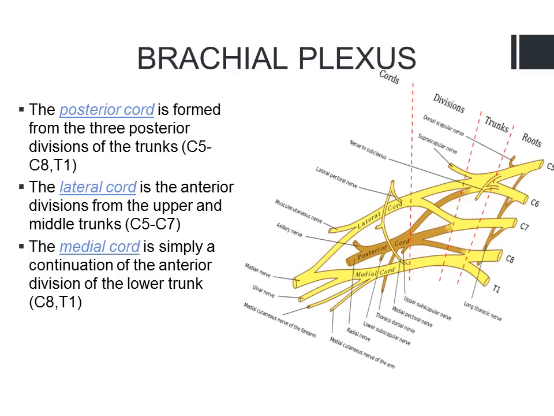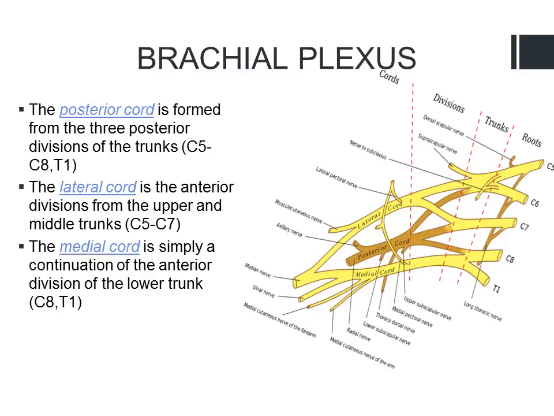So the posterior cord of the brachial plexus is formed by the 3 posterior divisions of the trunks. Recall that there was three trunks, a superior, a middle, and an inferior trunk, and then those each divided into anterior and posterior divisions.